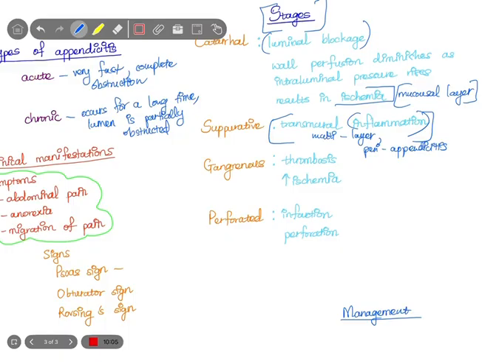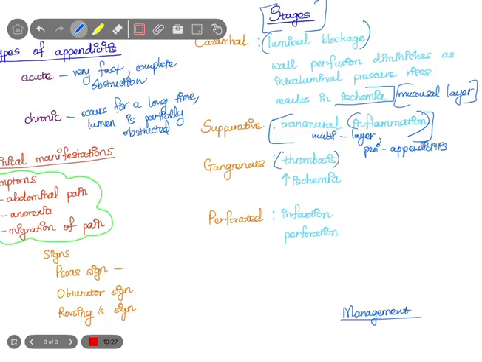Now we have gangrenous. In this one, there is thrombosis that could happen due to, remember, there is stasis and congestion. That means the viscosity of the blood in the veins is high.